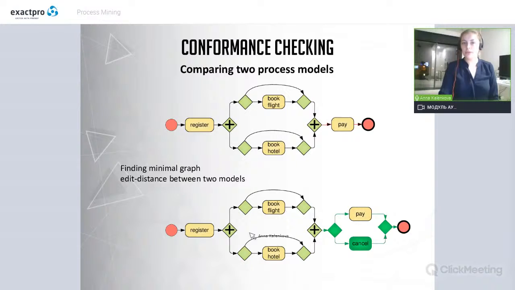So this is an example, and the benefit of this example is that it is very informative. It's visual because here we can see the differences of these two models. This is the same example. Here we have an additional cancel event that was not represented in our initial model.